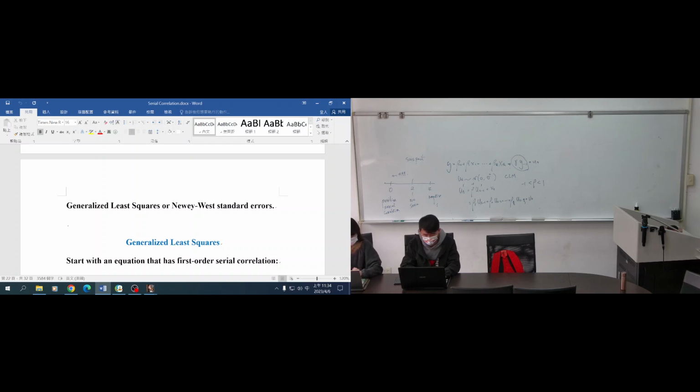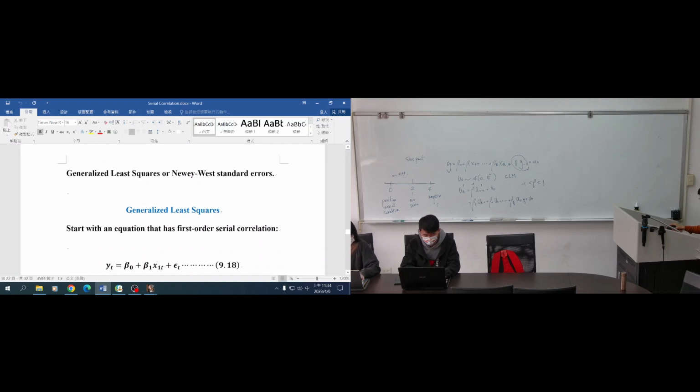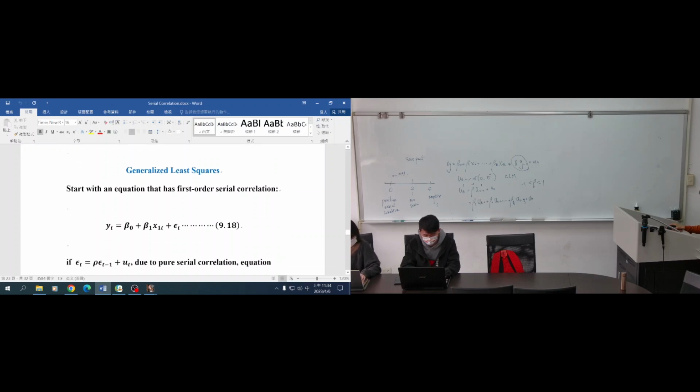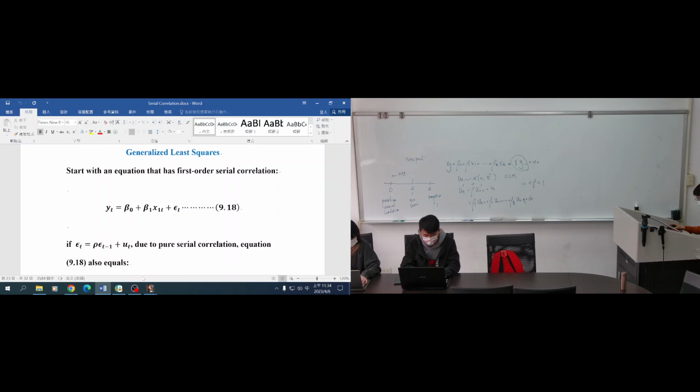First of all, let's explain generalized least squares. It's usually easier to use a simple regression model to explain a complicated question, so I'm always using the simple linear regression for the explanation, hoping all of you understand more easily.